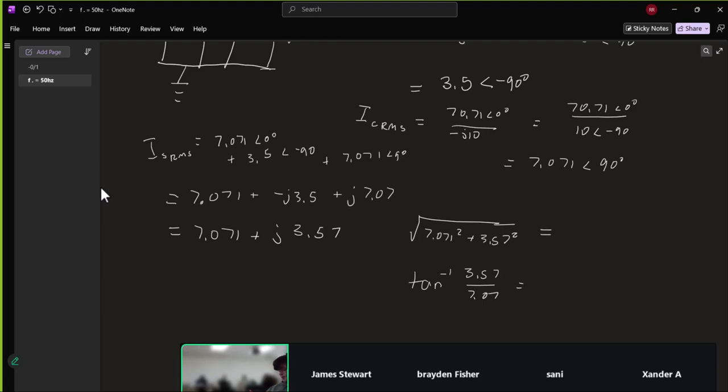So this would be 7.92 and 26.7 degrees. So I_source RMS equals 7.92 angle 26.7 degrees.